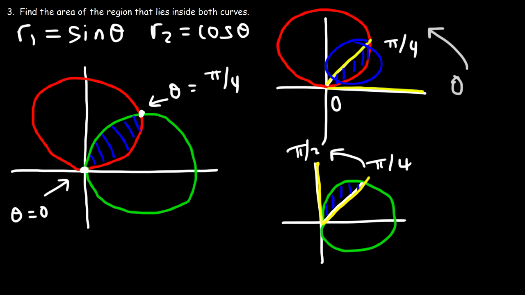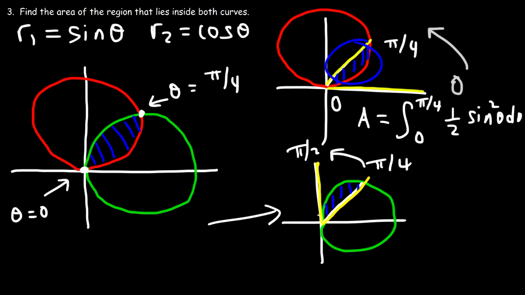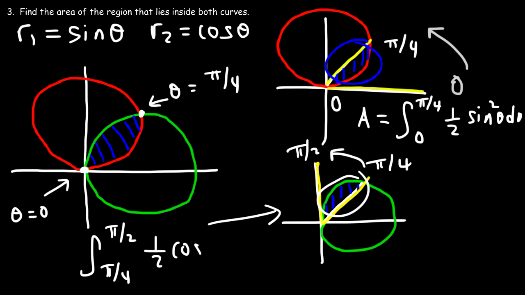So therefore, we need to set up the integral in this way. For this region, the area is going to be the integral from alpha to beta, 0 to pi over 4, 1/2 r1 squared. So that's 1/2 sine squared theta d theta. And for this particular region, it's going to be the integral from pi over 4 to pi over 2, 1/2 cosine squared theta d theta.